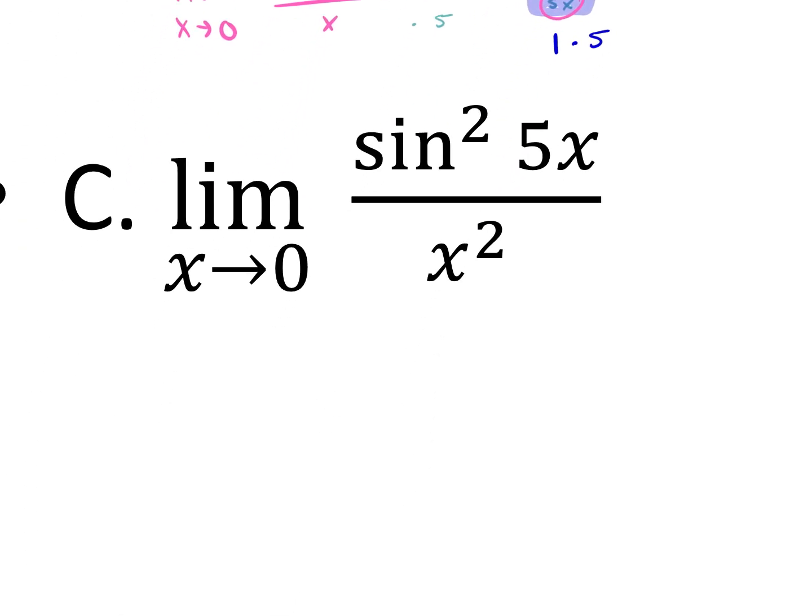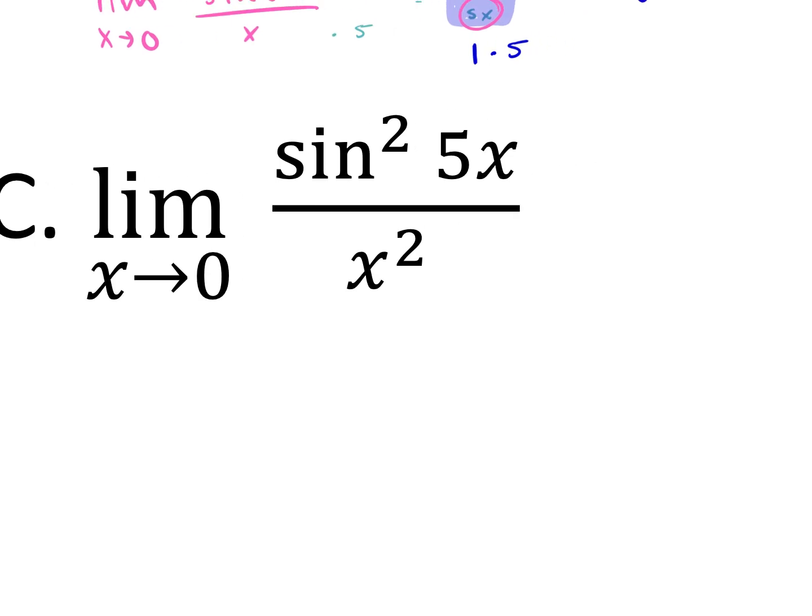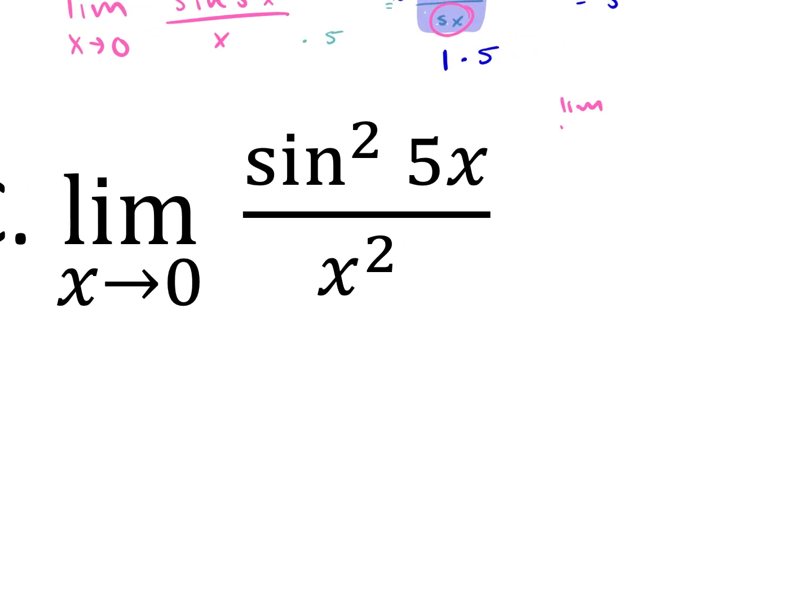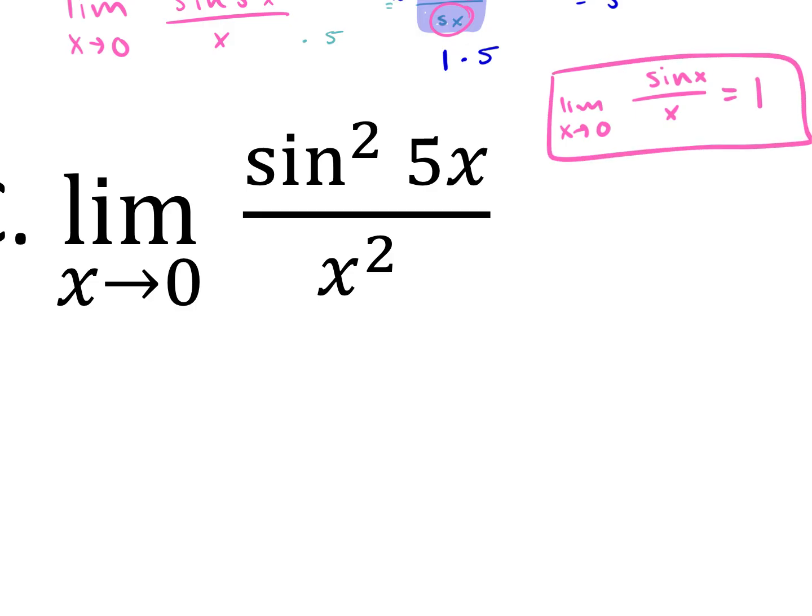All right, let's do C. C again looks super similar to the formula that we know. It looks super similar to the limit as x approaches 0 of sine of x over x, which we know equals 1. So we want to kind of change the way that sine squared of 5x over x squared looks. We're going to do some rearranging of our function here to get it to look like this, so we can use the fact that the limit as x approaches 0 of sine of x over x equals 1.